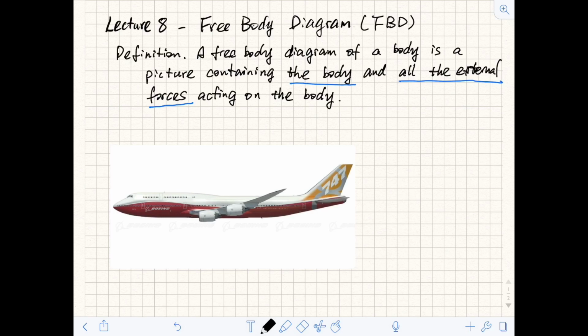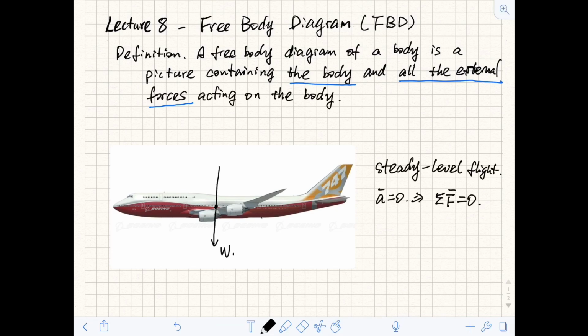So one example, if we take this Boeing 777 in a steady level flight, where we know the acceleration is equal to 0, which gives us the sum of the forces will be 0. So first we have the weight of the aircraft.